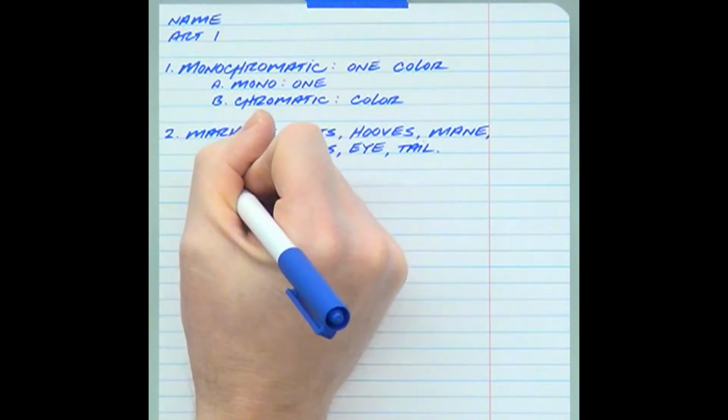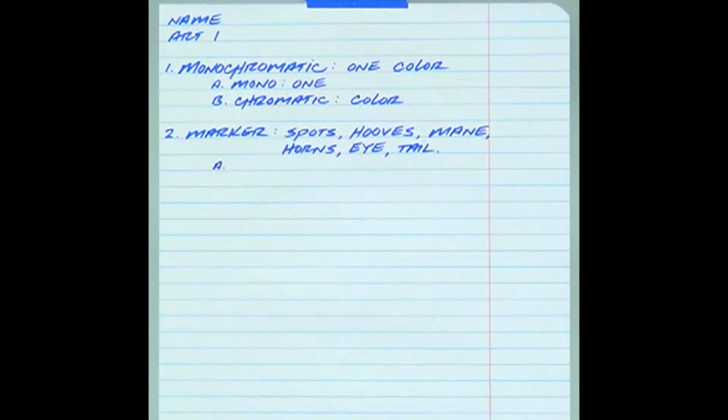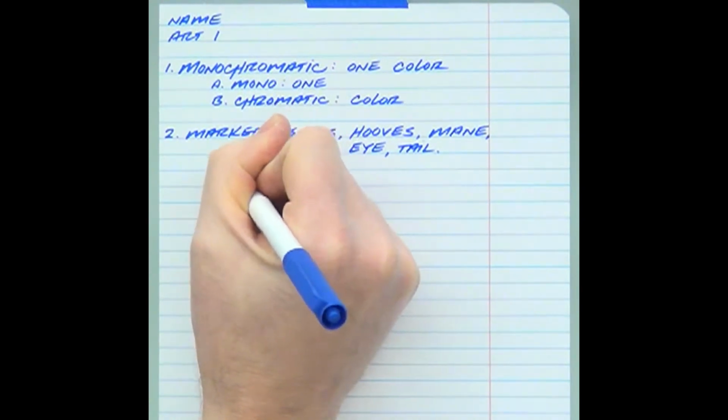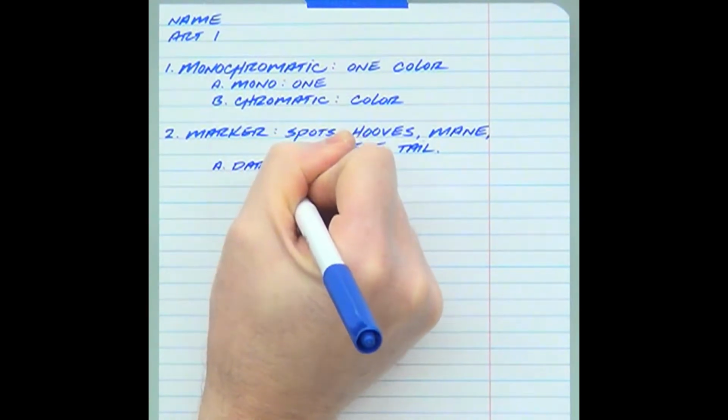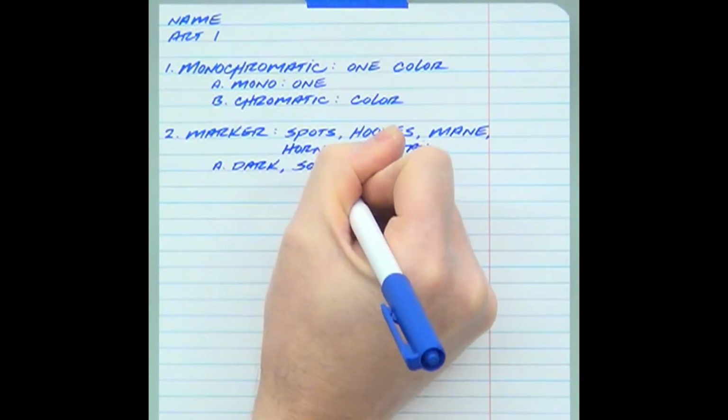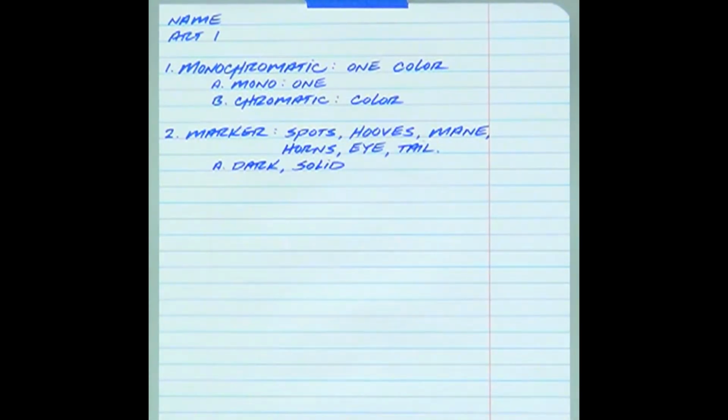Indent for me, letter A. Now, when you're working with your marker, I want it to have a certain characteristic. Let's say dark, comma, and solid. Just as you have used your markers before.